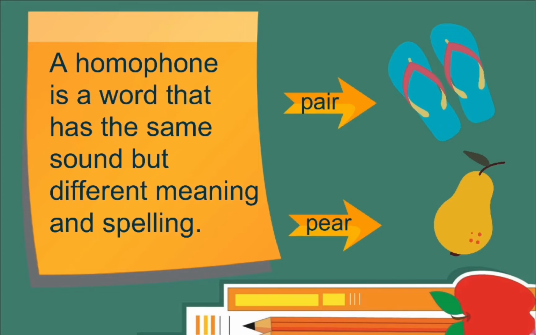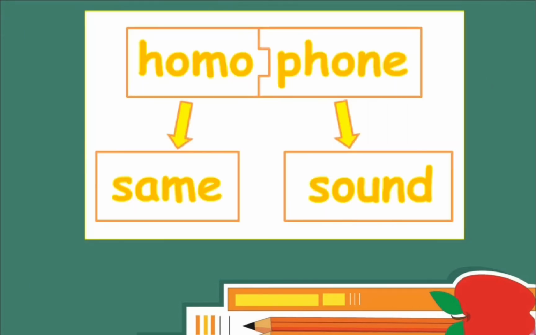Exactly, I'm talking about the first one, pair, because the context of the sentence gives me the clue that I'm talking specifically about shoes. Let's divide the word homophone. Homo means the same. Phone means sound.